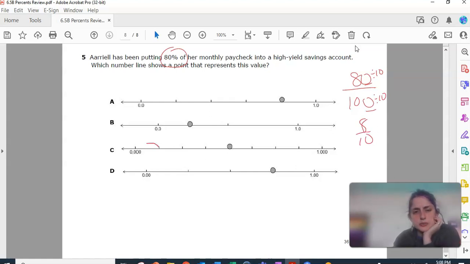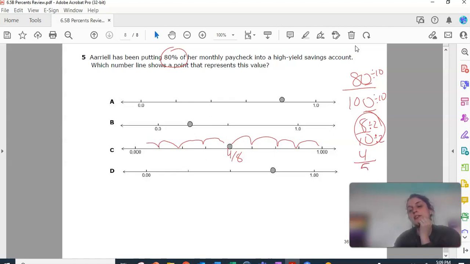Maybe C has 1, 2, 3, 4, 5, 6, 7, 8. Oh no, that's not 10 sections. I think we're going to have to simplify this even more because I don't see anything that will match 8 out of 10. Can't divide by 10 again. 2's. 8 divided by 2 is 4. 10 divided by 2 is 5.